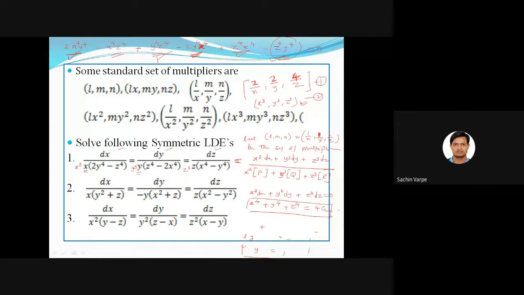You can see, what was the first solution? xyz square is equal to C1. Is this clear to you? You can ask your doubts if any. What about the second one? Just try the set of multipliers to the second example.